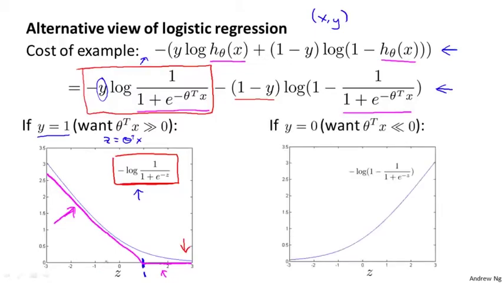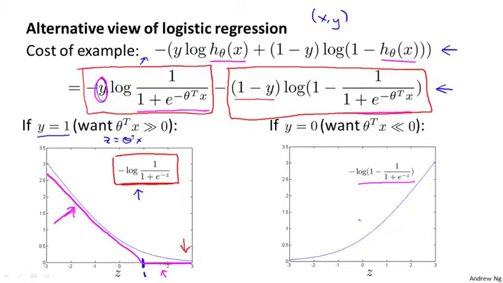We just talked about the case of y equals 1. The other case is if y is equal to 0. In that case, if you look at the cost, then only this second term will apply, because the first term goes away, right? If y is equal to 0, then you have a 0 here, so you're left only with the second term in the expression above. And so the contribution of an example to the cost function is going to be given by this term over here.